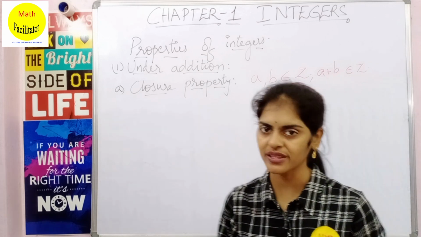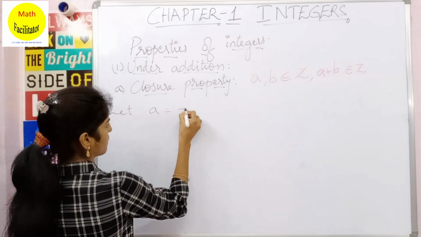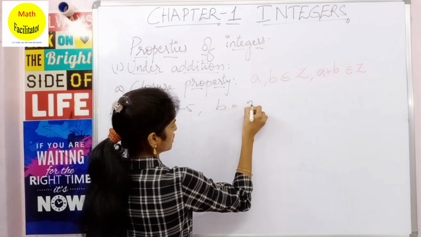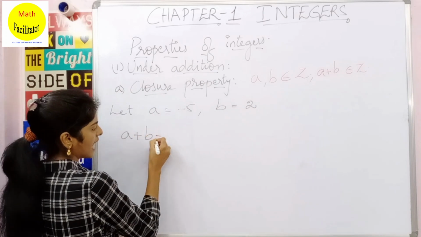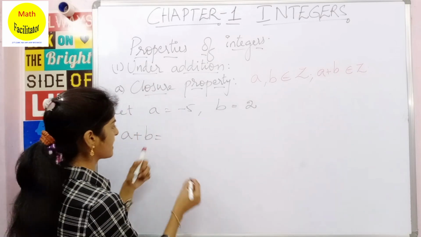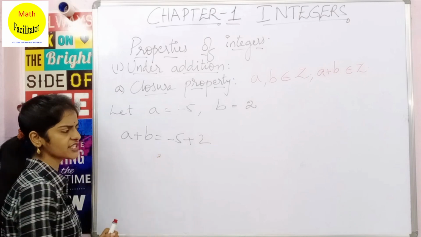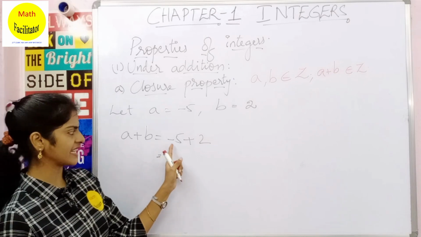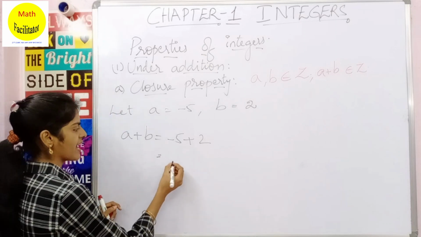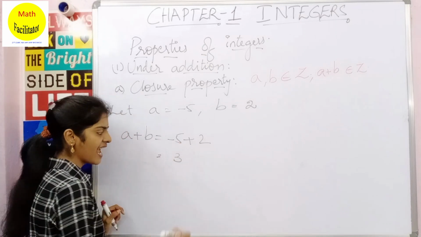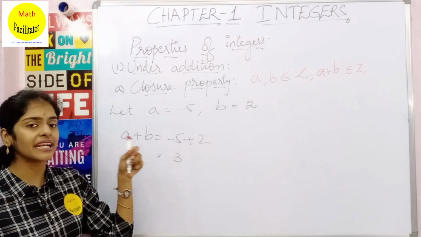Now let us check with an example. Let A be equal to minus 5, B equal to 2. Now what is A plus B? A plus B is nothing but minus 5 plus 2. When you have a negative integer and a positive integer, what do you do? You subtract. Now 5 minus 2 is 3, and the sign of this answer will be the sign of the bigger number.